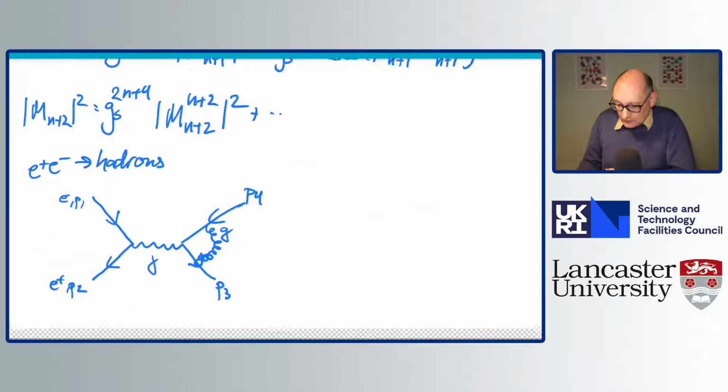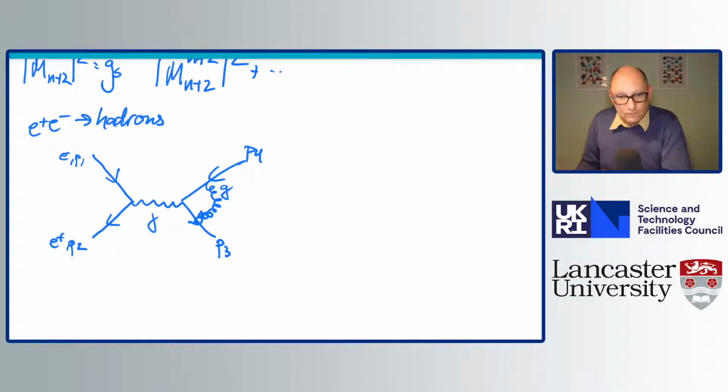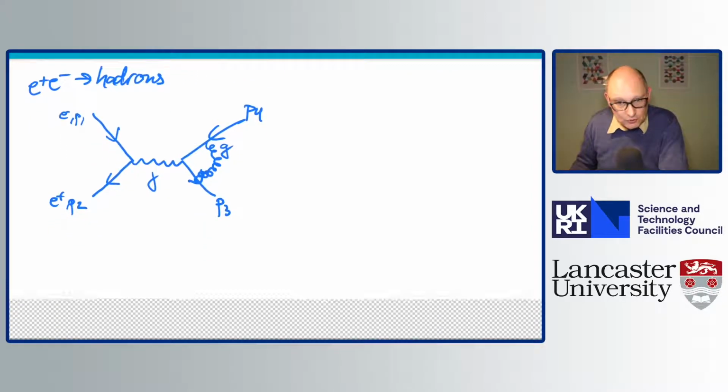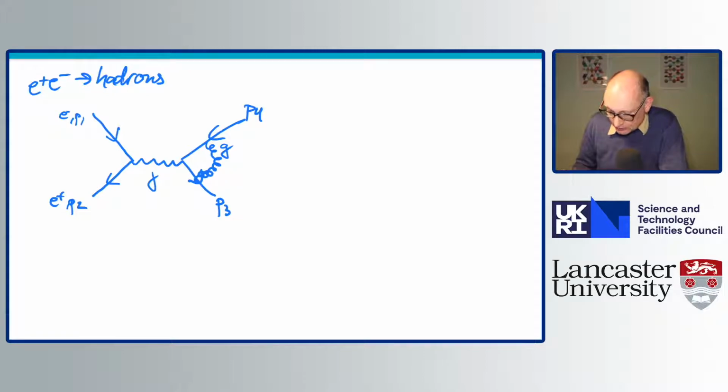Let's write down the form of this one loop amplitude. So this Feynman diagram here, we would start by a u bar of p3. We will then have a gamma nu.